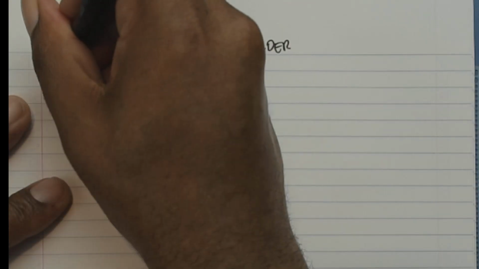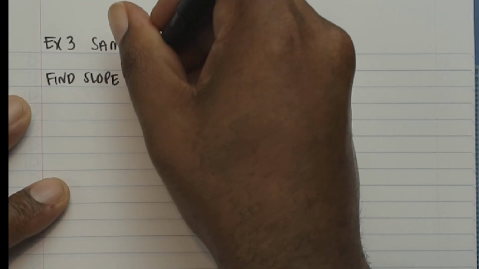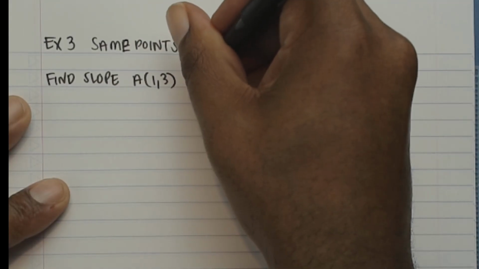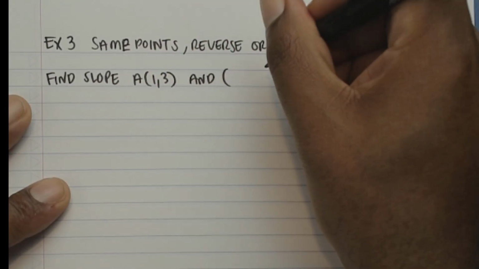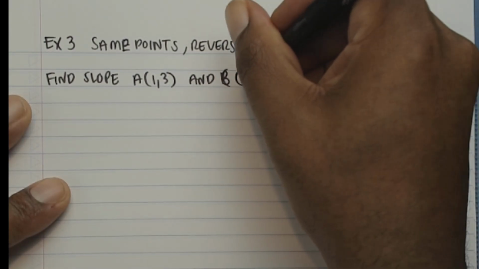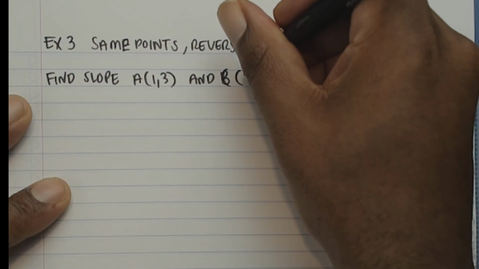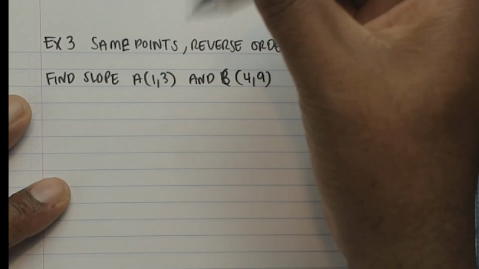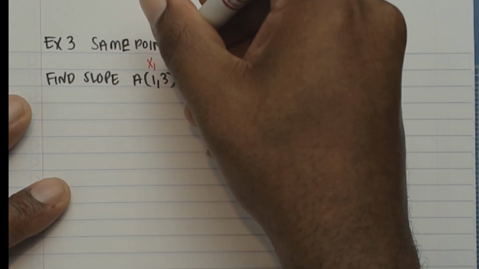So let's find the slope. A is 1, 3 and B is 4, 9.